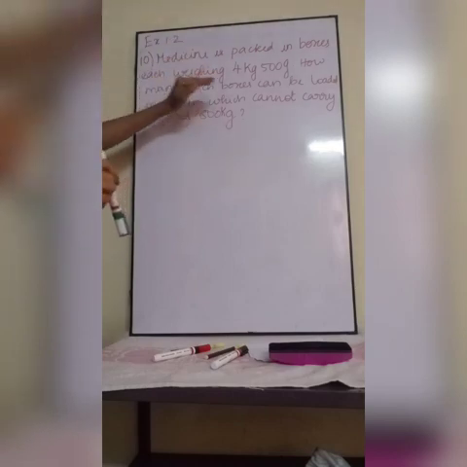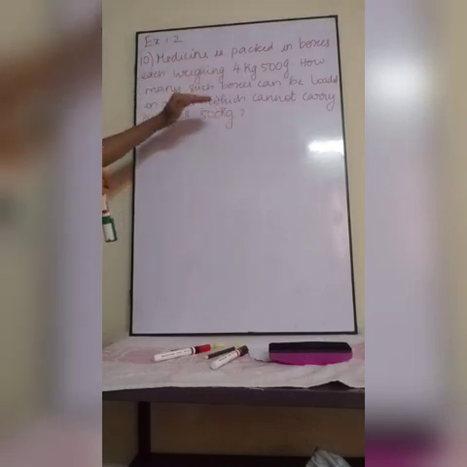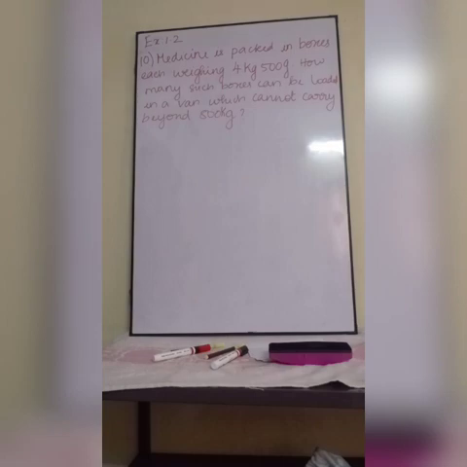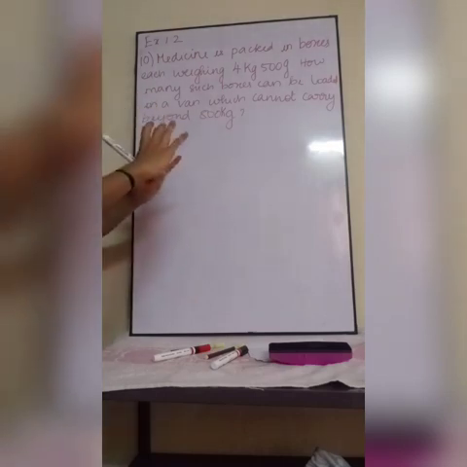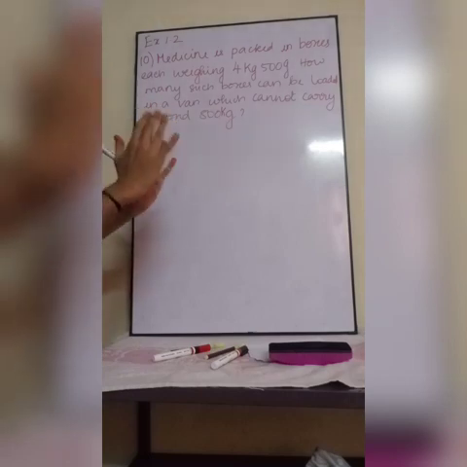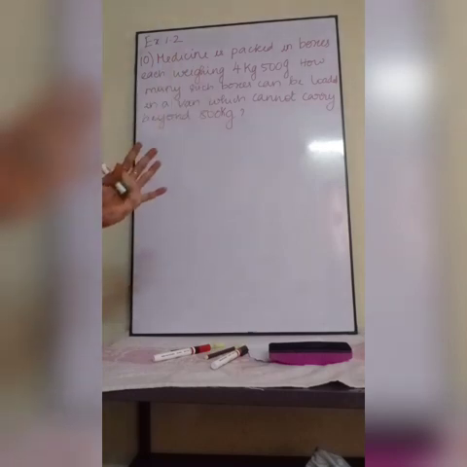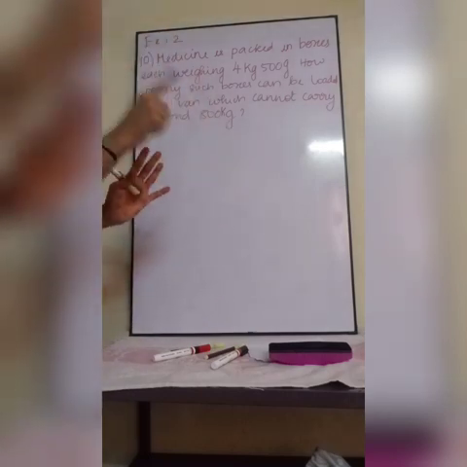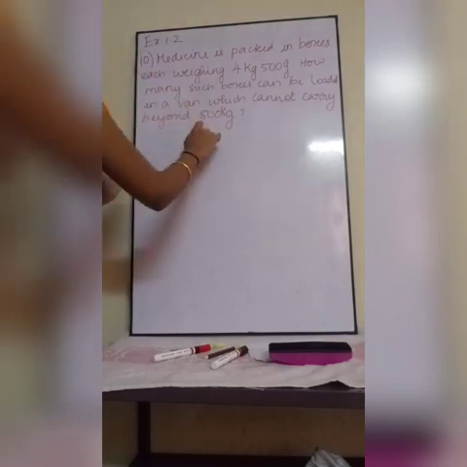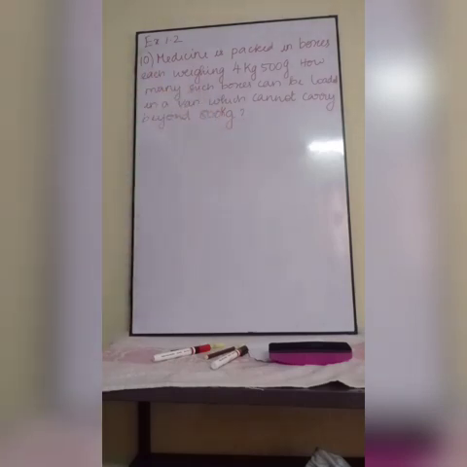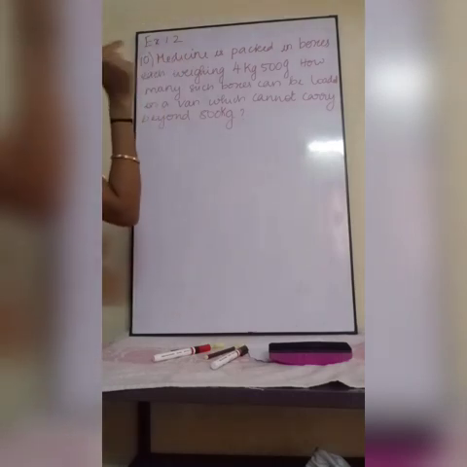How many such boxes can be loaded in a van which cannot carry beyond 800 kilogram? Okay, see that each box is 4 kg 500 gram. Like that, many boxes you can load in a van. But that van can hold only 800 kilogram. So how many boxes can you keep in a van? That is our question.